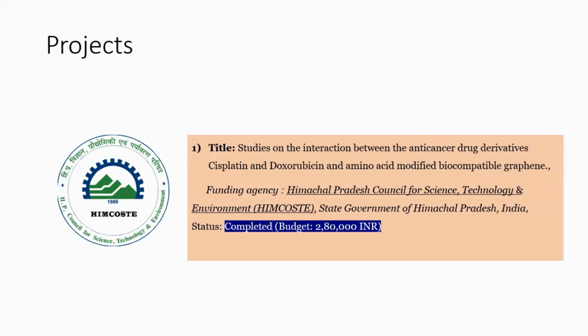Using density functional theory, we were able to know how the amino acid modification of the graphene system is useful for the drug delivery application of cisplatin and doxorubicin.